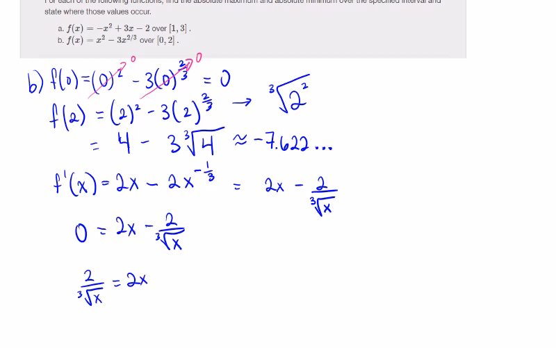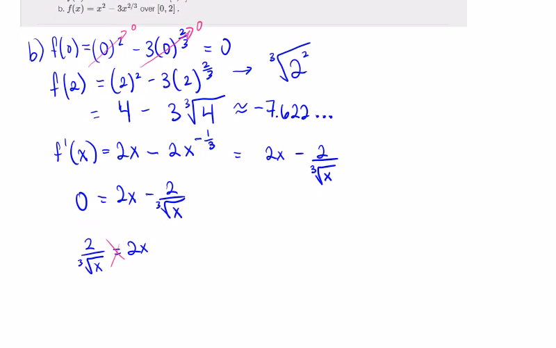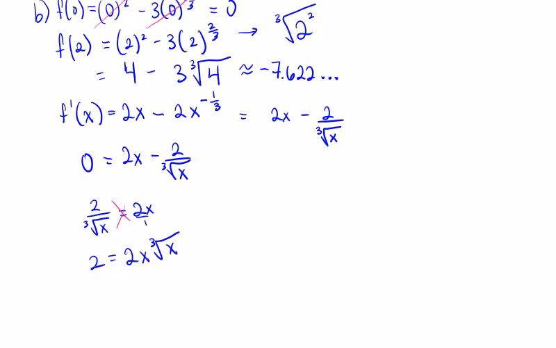And then what I'm going to do is cross multiply. So what I'll end up with is 2x cube root x on one side, and then since we have an invisible 1 down there, 2 times 1 is 2, so we have that. Okay, then we can divide both sides by 2.